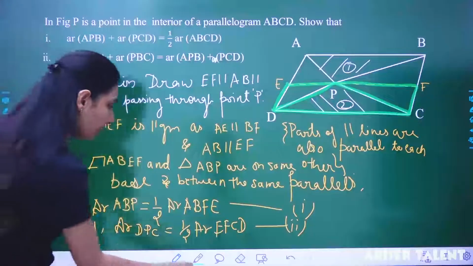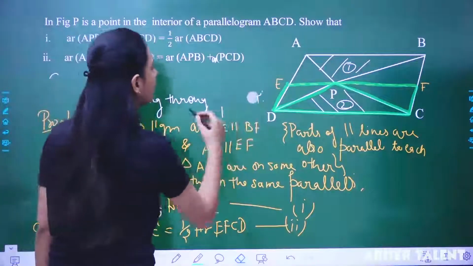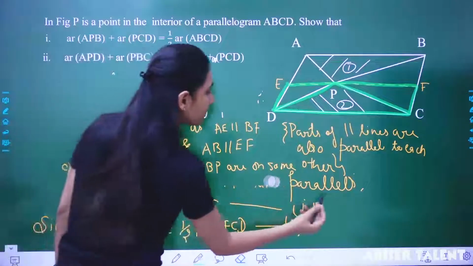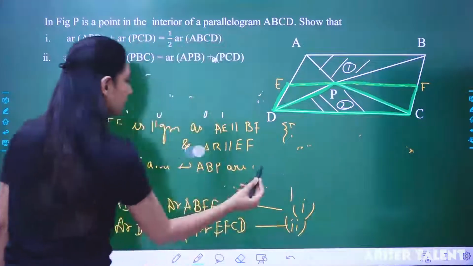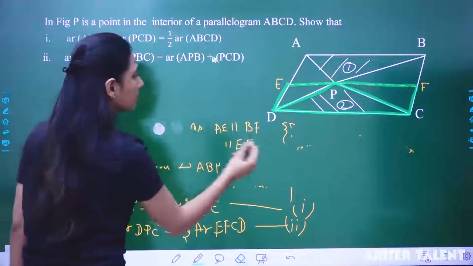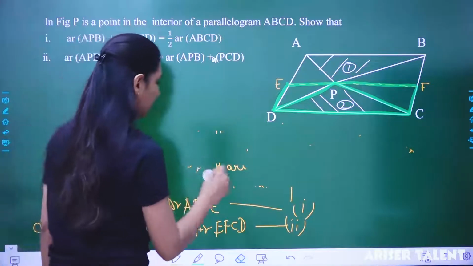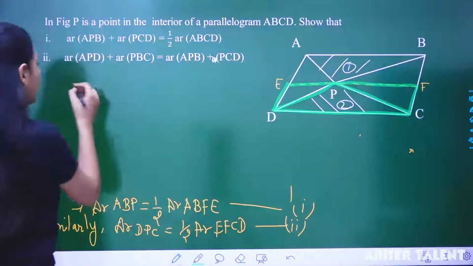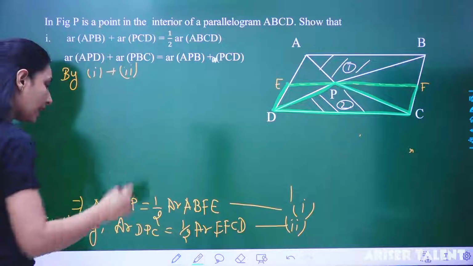Right? Now, what will we do? We'll just add these two and we'll get the appropriate answer. So, by 1 plus 2, what will we get?